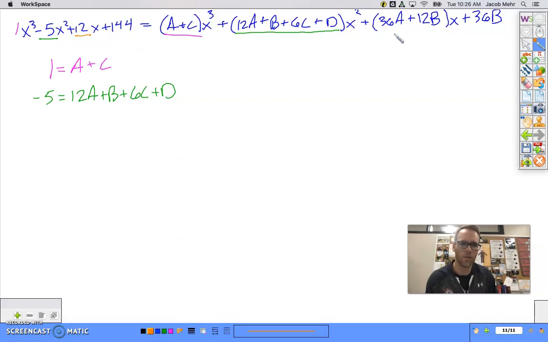Our x's: 12 of them. 12 equals 36A plus 12B. And lastly, 144 equals 36B.